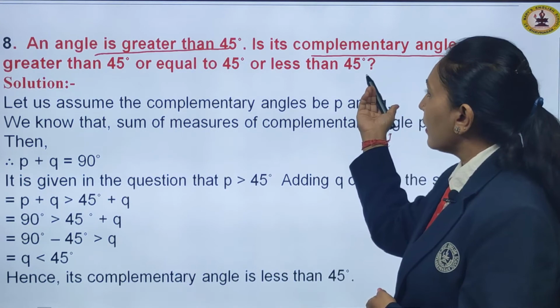I will get 90 degrees minus 45 degrees, which is greater than Q. That means you can see we will have 45 degrees only, that Q is less than 45 degrees. So what will be our answer, children? Hence the complementary angle will always be less than 45 degrees only.